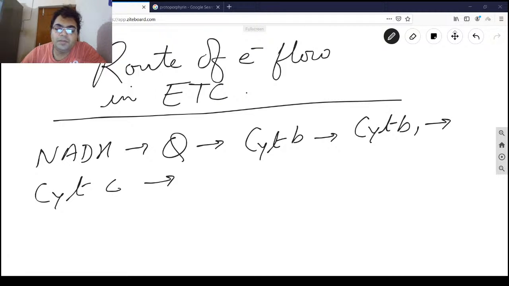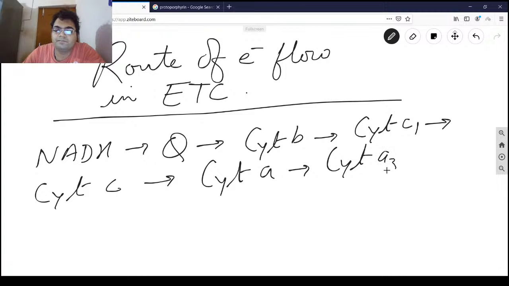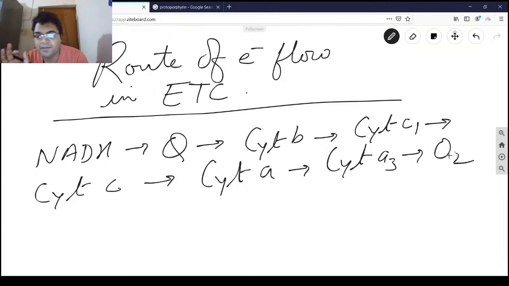So coenzyme Q to B, cytochrome C1 to C. NADH to Q to cytochrome B, then C1 to C, then you will be having cytochrome A, then A3, then to O2. Okay, so BC1C AA3, like this you can note it down, BC1C AA3 then to O2.